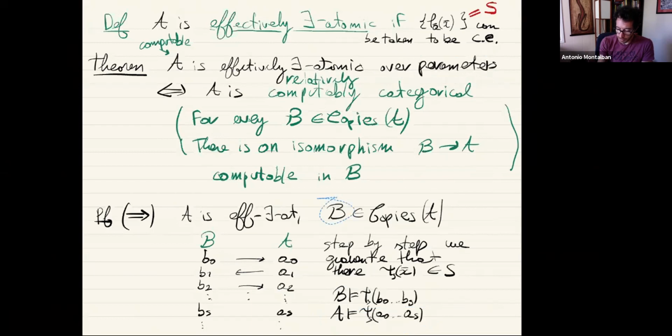Where does it come up that it is computable in B? Well, it comes up because we need to verify B satisfies these existential formulas. So there we need to know how to calculate the relations in B. That's where we use computable in B.